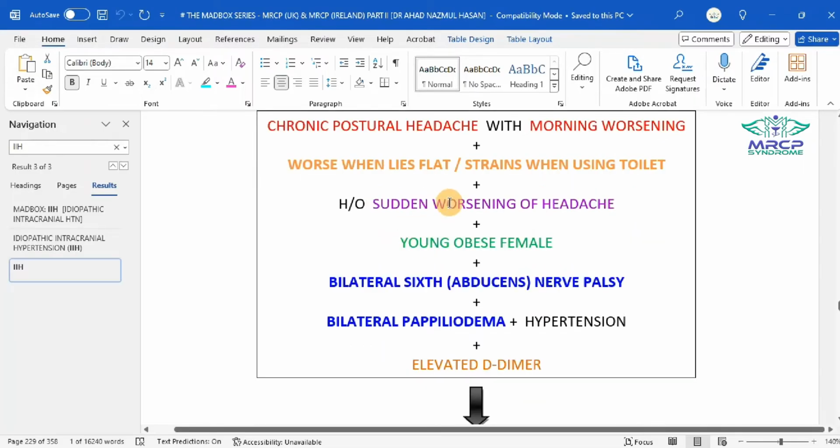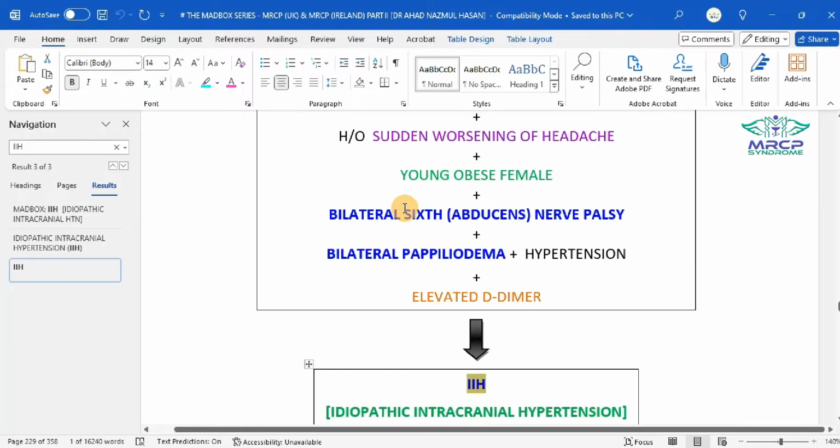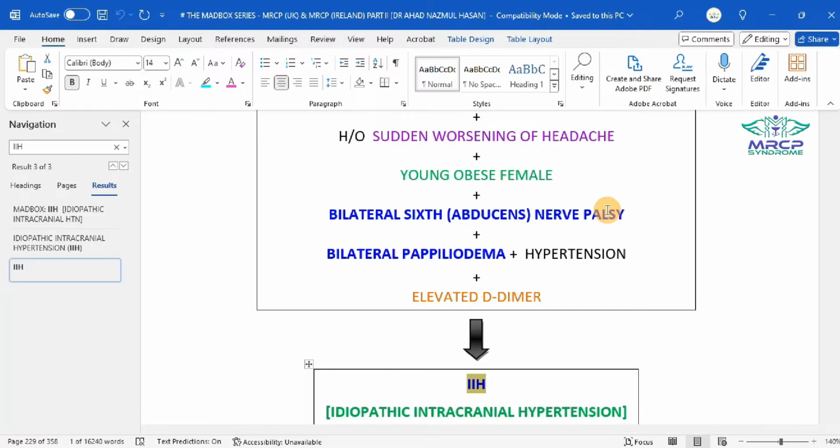And there will also be a history of sudden worsening of the headache, and there would be bilateral 6th nerve palsy, meaning abducens nerve palsy. In some scenarios, they will directly mention the patient is having abducens nerve palsy, or in other scenarios, they may give some examples of abducens nerve palsy.